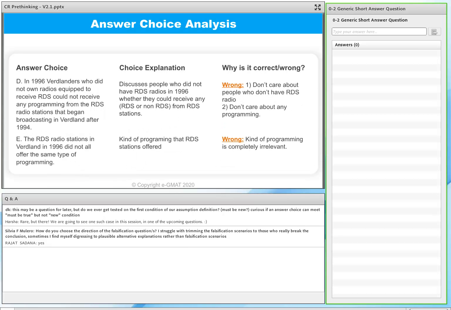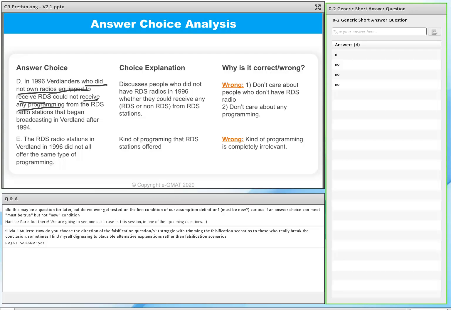Which, by the way, is also choice D. In 1996, Verlanders who did not own radios equipped to receive RDS. Do we care about people who don't have RDS radios? No. Could not receive any programming. Do we care about any programming, or do we just care about RDS programming? Just RDS programming. So why is choice D wrong?